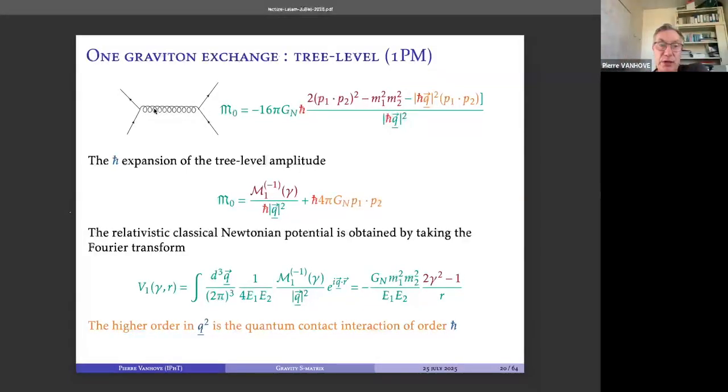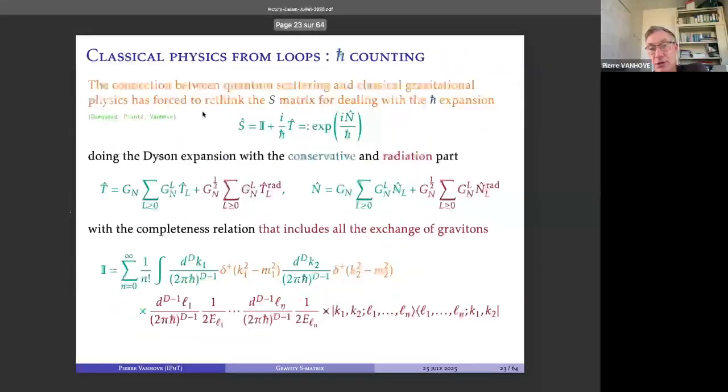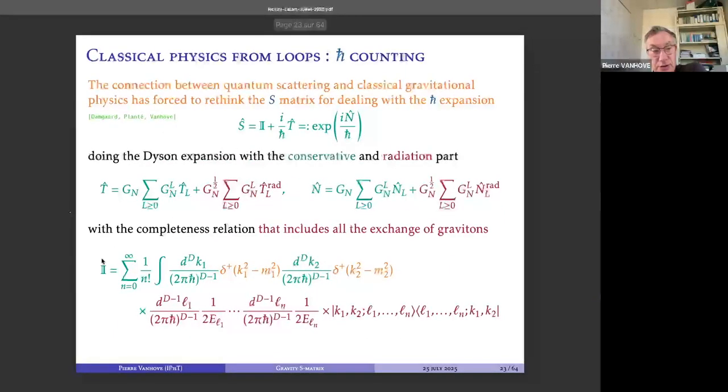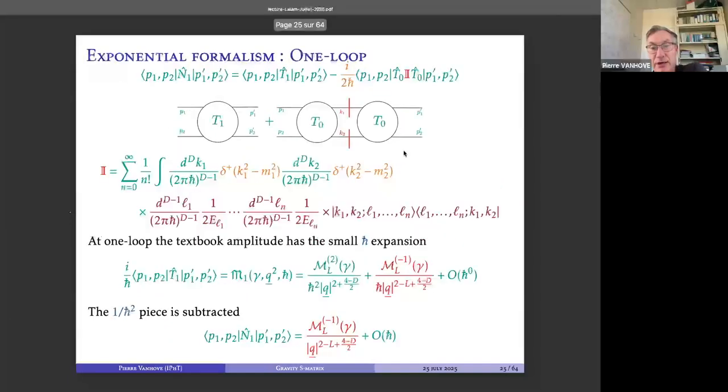So this is just one graviton exchange: one graviton, the other graviton, and because I've inserted the completeness relation here, I'm integrating over the momentum of the particle that goes between my two trees. And because I have this delta function, I have to remember that I have the delta plus function insertion from the completeness relation.